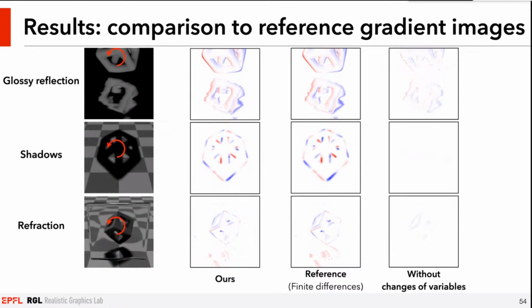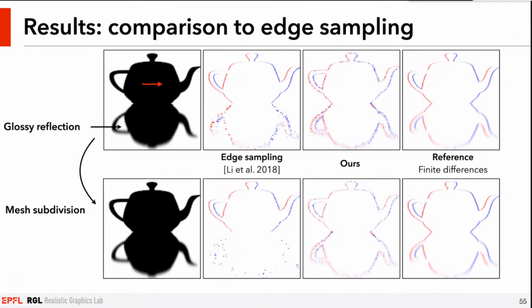And it also works for indirectly seen things. Here are examples of objects seen in reflections or shadows of objects, or objects seen through refractive surfaces. And it's more efficient than this edge sampling operation, especially as you work with objects that are finely subdivided. When you have more and more triangles, it gets increasingly complicated to find all of the edges.